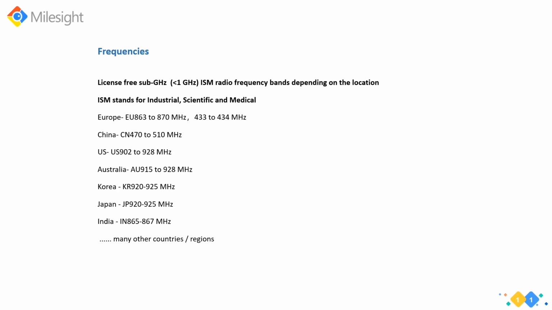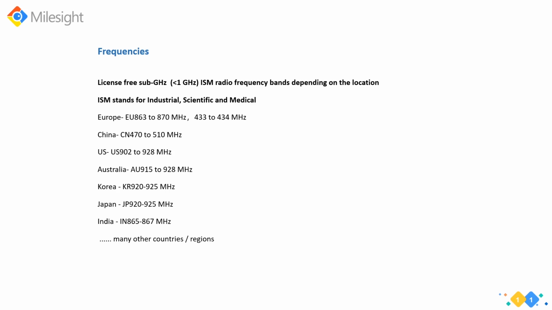With sub-gigahertz frequencies, LoRa means that in different regions you have to use different frequencies. For end users, I think they don't really have to think about this because LoRa has been supported in more than 150 countries, where they can find the frequencies for their own region.